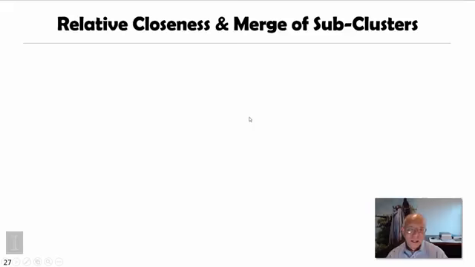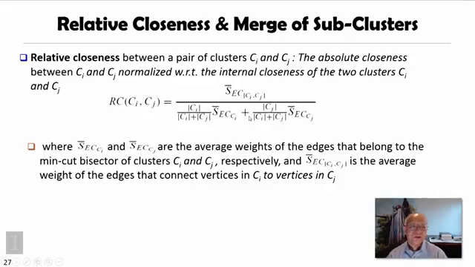Then we look at the relative closeness and the merge of subclusters. Relative closeness between a pair of clusters C sub i and C sub j is defined as follows. The first is the absolute closeness between C sub i and C sub j.